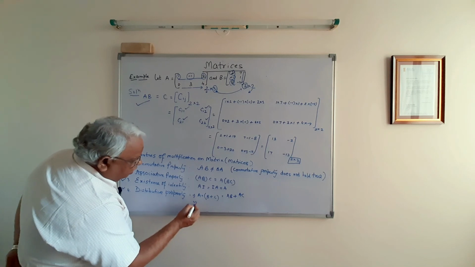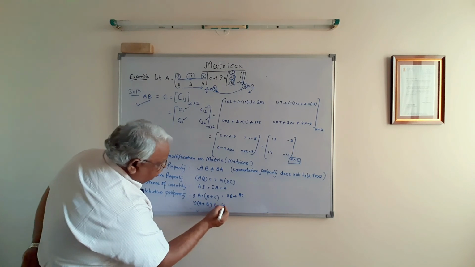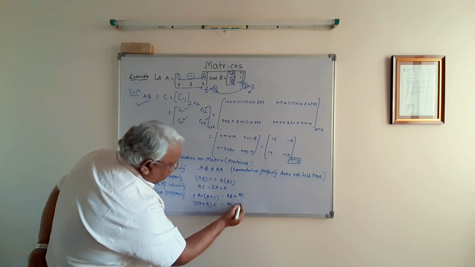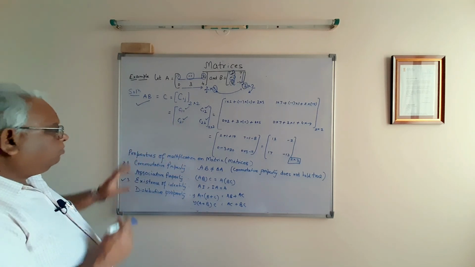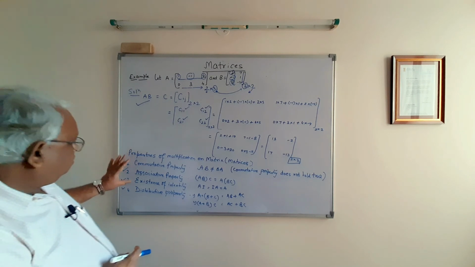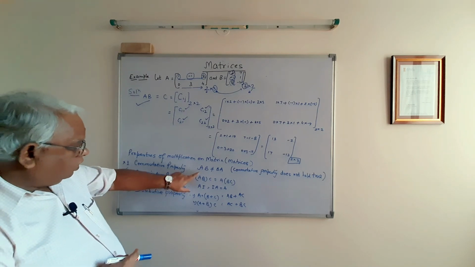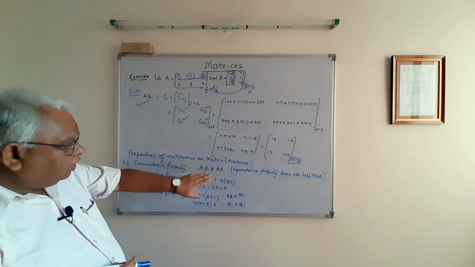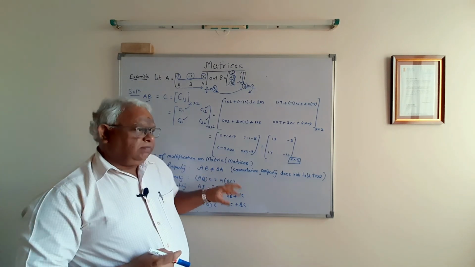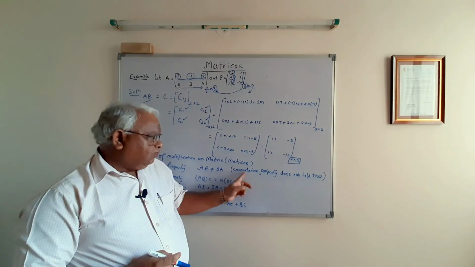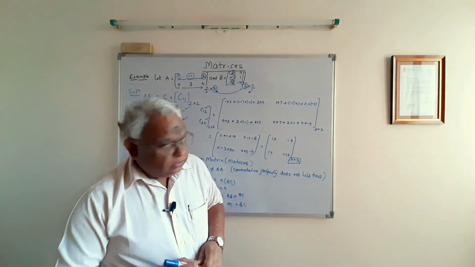Number one, and number two, (A plus B) into C is AC plus BC. These are the properties which are applicable, and the commutative property is not applicable. The reason is it may happen or it may not happen. So since it may happen, it may not happen, that is why we say that this property does not hold true.